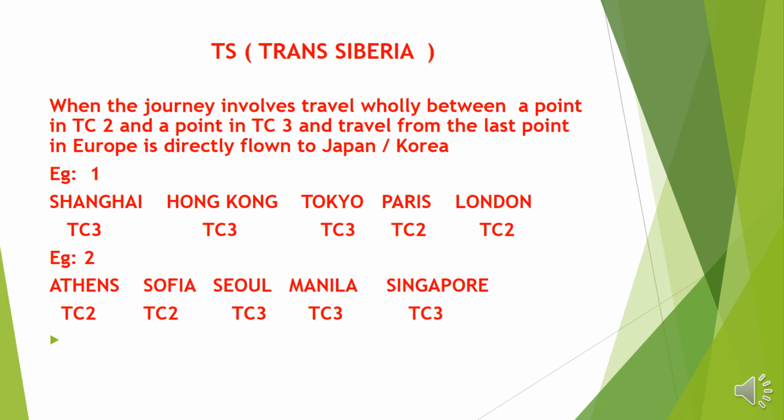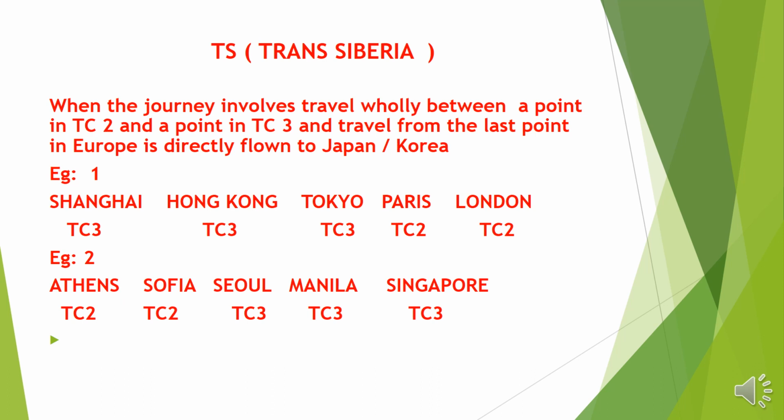So, the criteria to use Trans-Siberia is there should be Japan or Korea on the journey, 1. And 2, if the journey starts in TC2, then on this journey there should be a point in Europe where the passenger travels directly to a point in Japan or Korea.